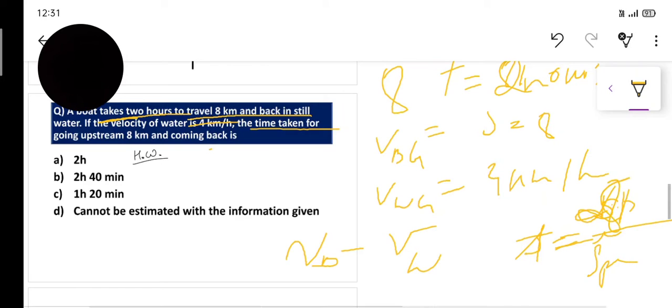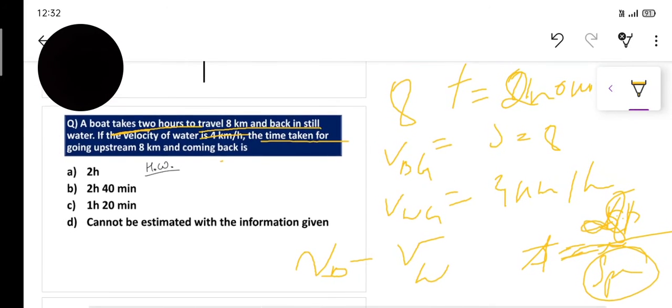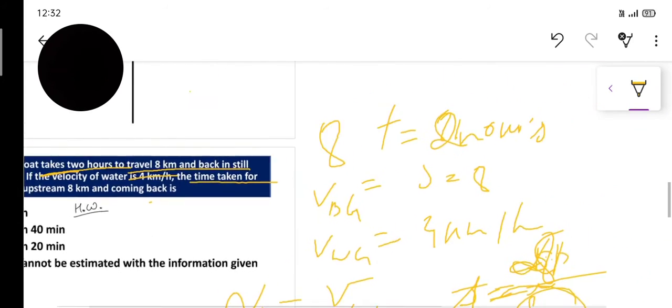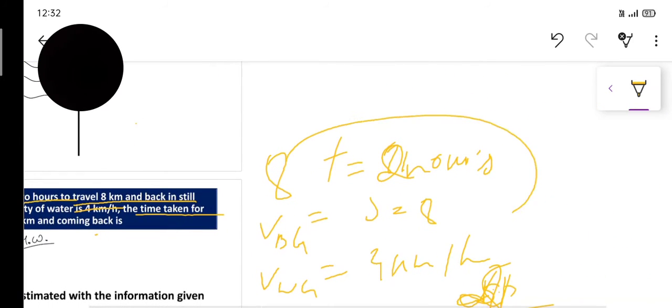Now distance is 8 km. Now what is the speed? What is the velocity of boat? Now we can find from this.